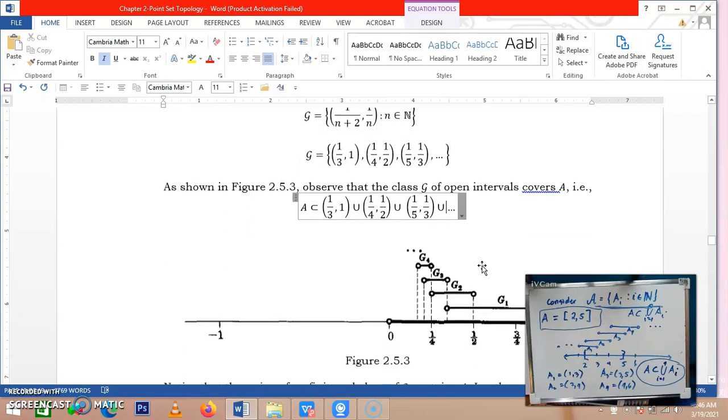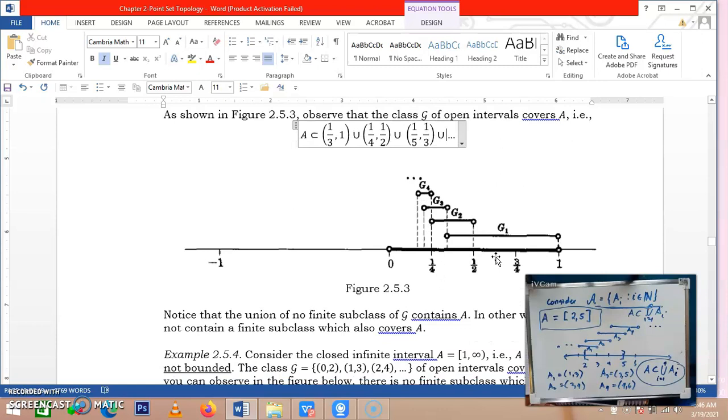It only approaches 0. So, can we get the finite subclass of G that covers A? In this case, we cannot get it because if we try to get the finite subclass, it will not cover A. As you can see, it only approaches 0. But if we get up to infinity, the class of sets, it will cover.